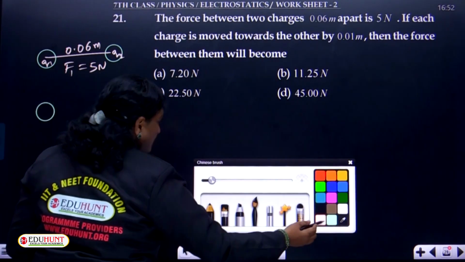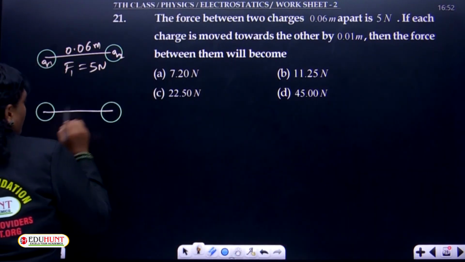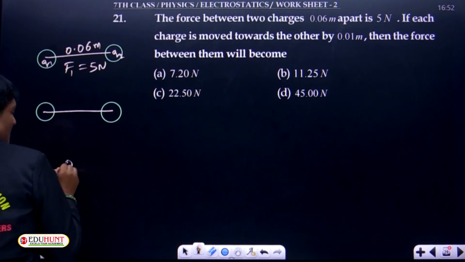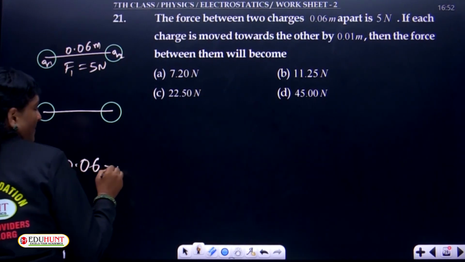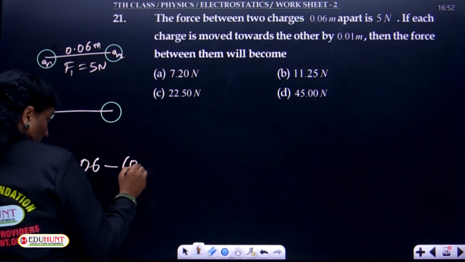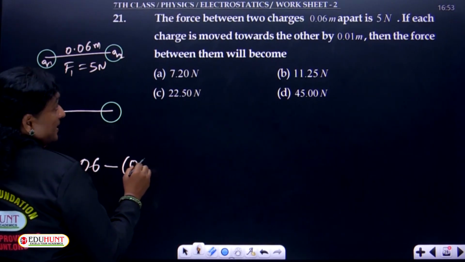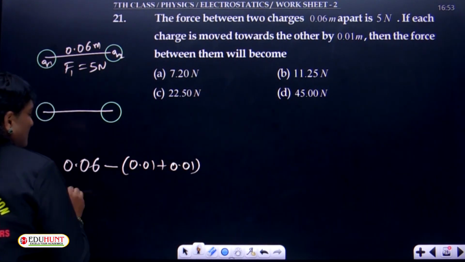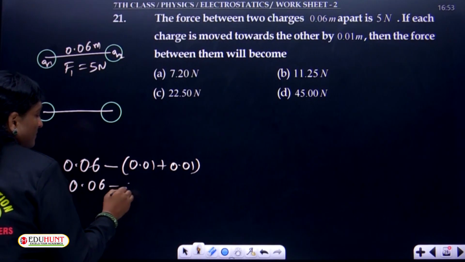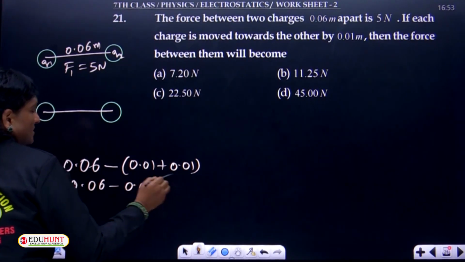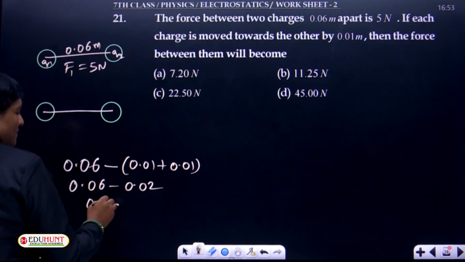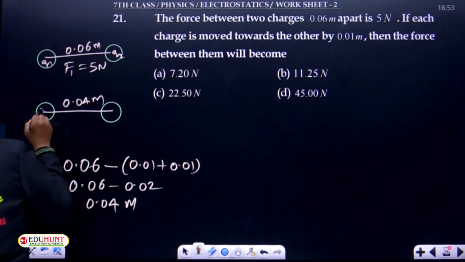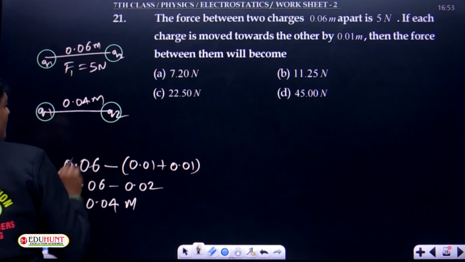So altogether the new distance will be the initial distance 0.06 minus 0.02, and the new distance is found to be 0.04 meters. The charges remain the same.